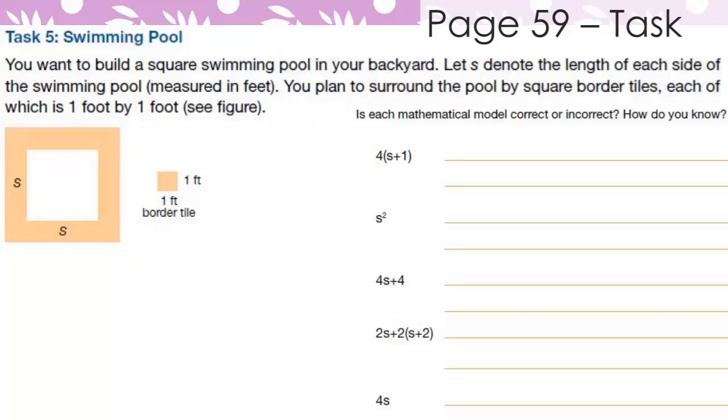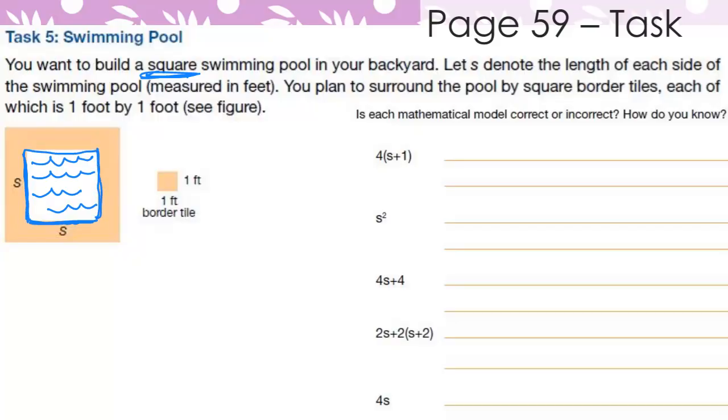All right, page 59, swimming pool. Here you go. You want to build a square swimming pool. You're like, I do not, but just pretend. You want to build a square swimming pool in your backyard. Okay, so here's where the water is. Let S denote the length of each side of the pool. S stands for side, and it's a square pool.